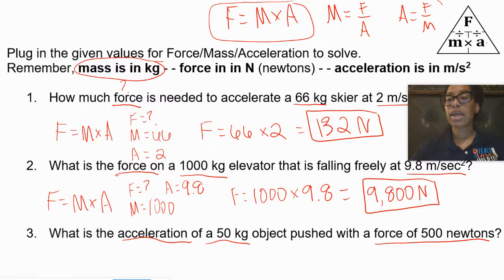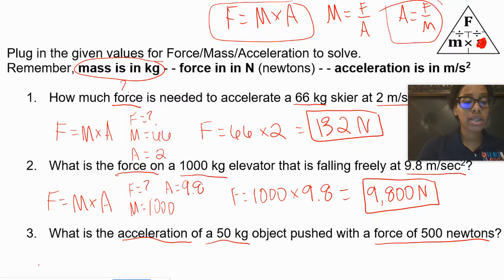If I shade in A, I know that I need to do F over M, which is just what I specified right here. So my formula is A equals force divided by mass.